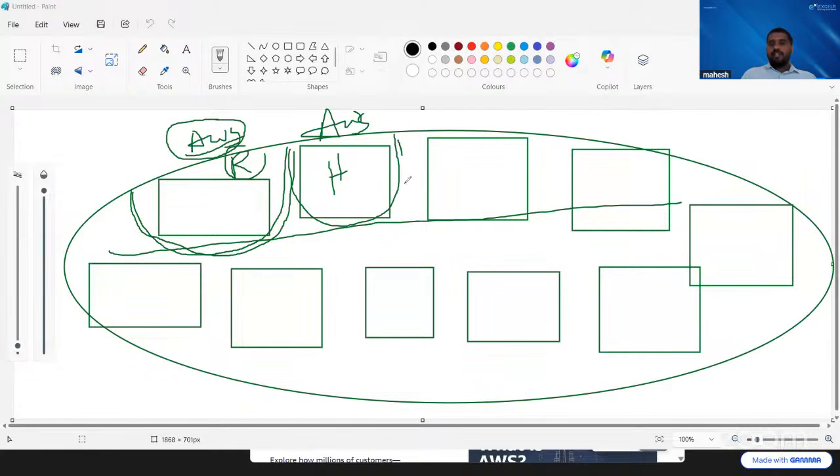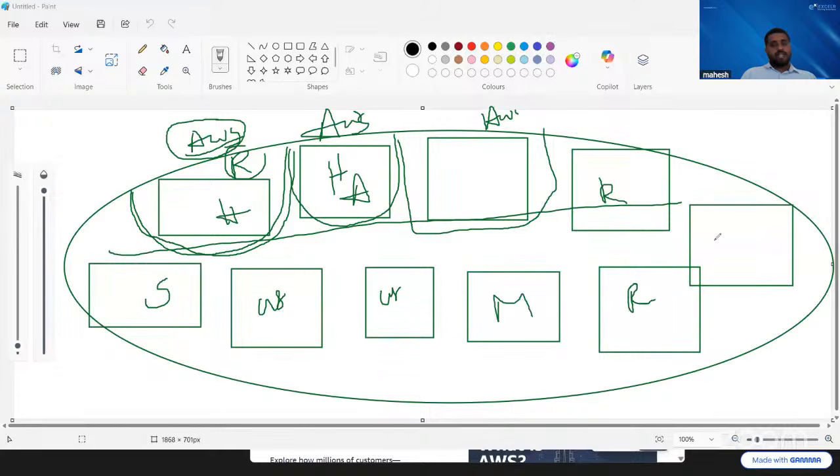A region is some of the space of that region occupied by AWS to construct data centers. We have the Hyderabad region, Australia region, Singapore region, US East region, US West region, right? We have the Mumbai region as well.